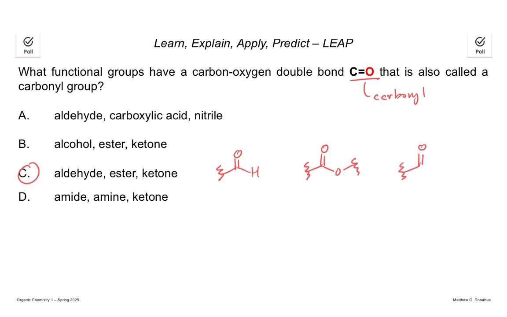And then the ketone, the carbonyl is on an internal carbon of the chain. So A, the nitrile, that's the carbon-nitrogen triple bond. Alcohol is the OH. And then D, amine, is nitrogen sigma bonded to either carbon or hydrogen.